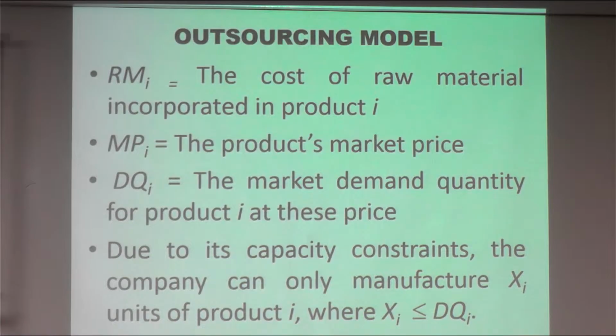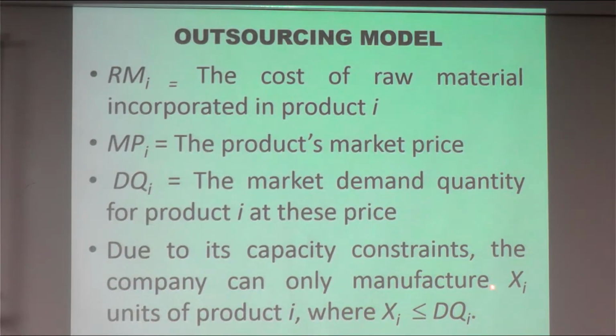That means the company can produce 100 units of the 200 ml bottle. So the 200 ml bottle is characterized by X1 or X2 or X3, whatever, and the demand quantity is 200.